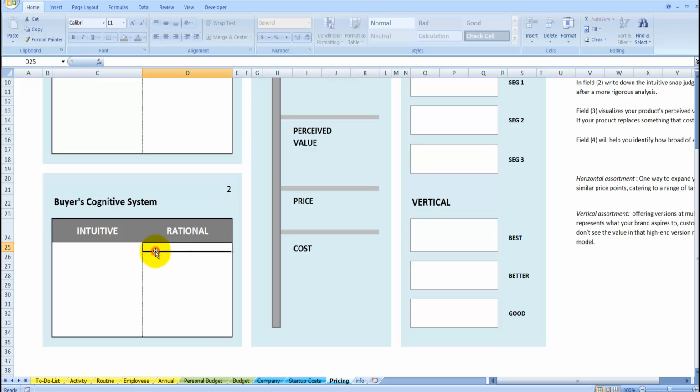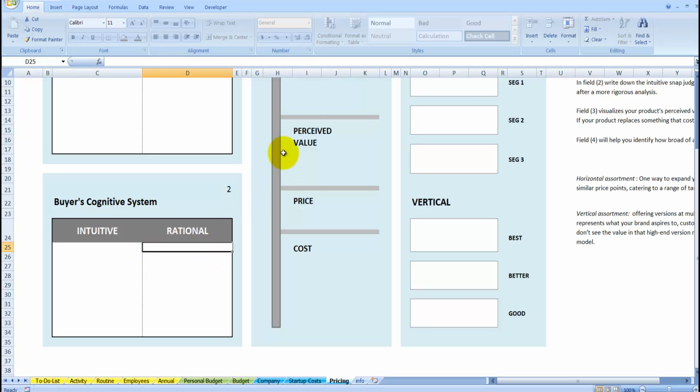And in the second column, which is the rational, so rational thinking, you will enter information after a while, so after a month or 2 or 3 months or a year that a person has been using your mobile phone, for example, and you will enter their opinion here. For example, at first they might have thought it was really good quality, but after some usage they can see that the screen is very low quality and that your phone is overpriced.